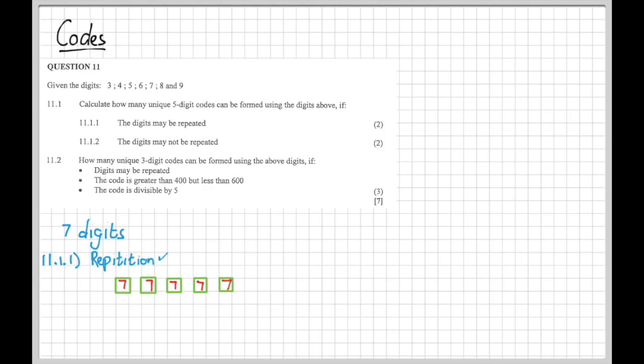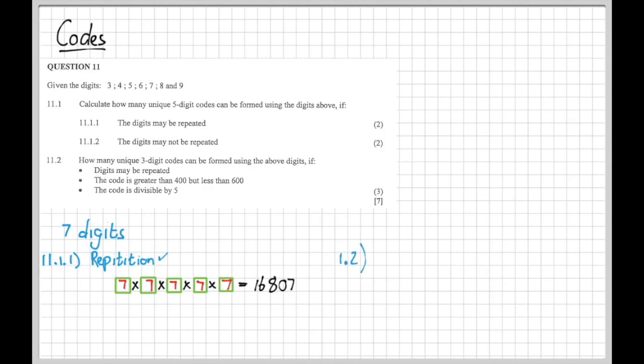Now, please remember, when you think back about the theory video, the moment you hear the word and, what must I think of? I must think of multiply. So if I multiply that, I get a nice big 16,807. So in total, there's 16,807 options available.